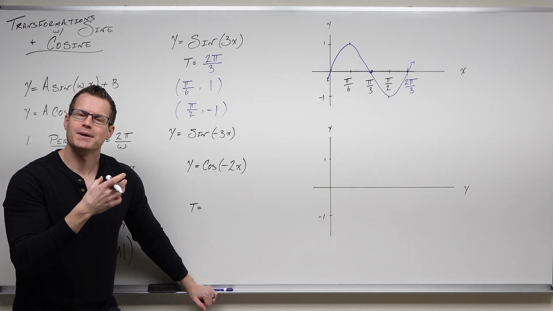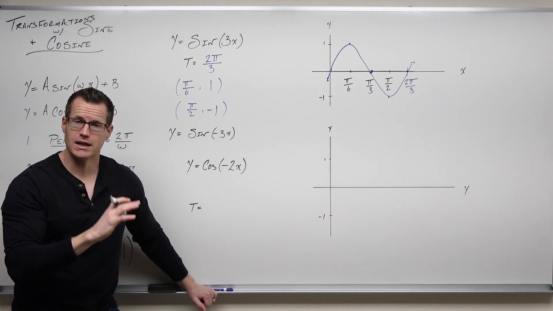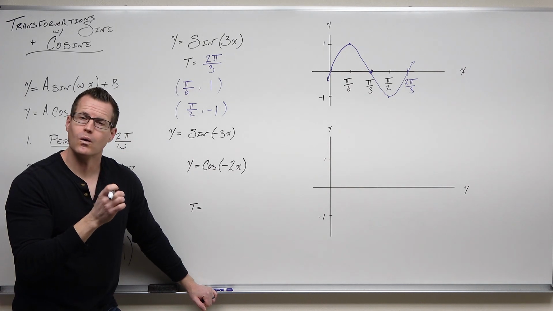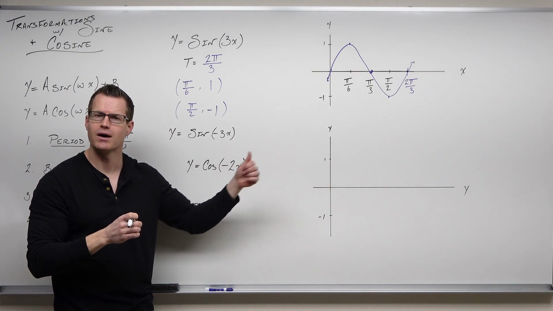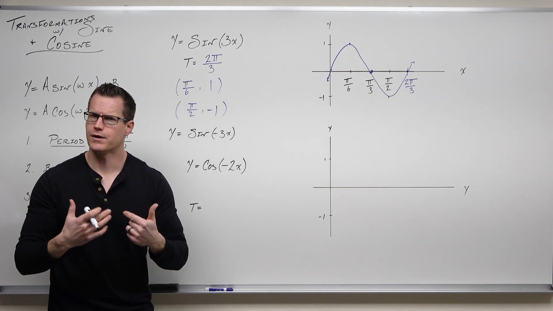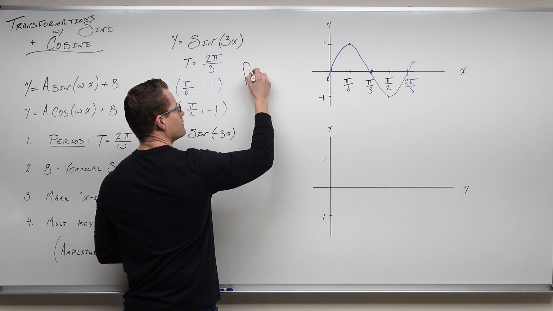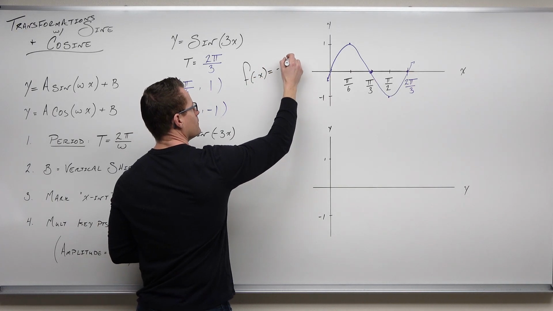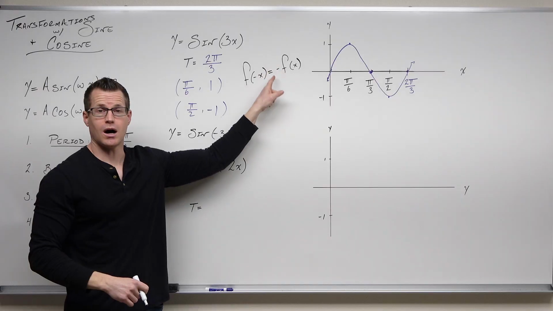Here's the deal. Because sine and cosine are odd and even functions, you can always change the argument, if it's negative, into a positive by using the fact that this is odd or even. Remember what odd functions do. Odd functions say opposite inputs, opposite outputs.